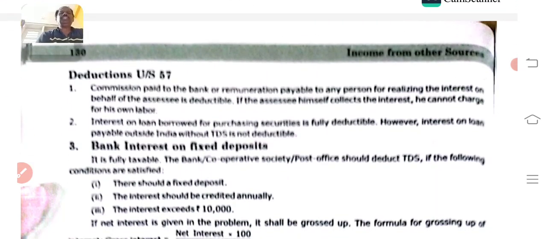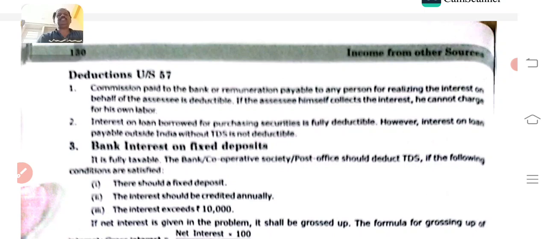So, what are the deductions under section 57? The first one is commission paid to the bank. A remuneration payable to any person for realizing the interest on behalf of the assessee is deductible.